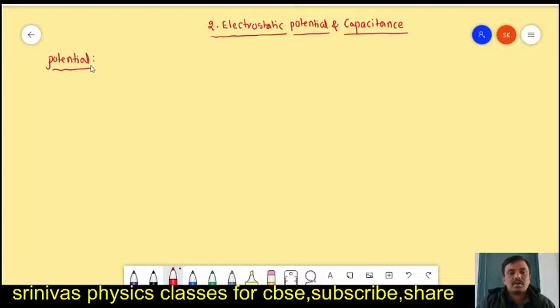You learned this one in the 10th class also. What is this potential or the potential difference?